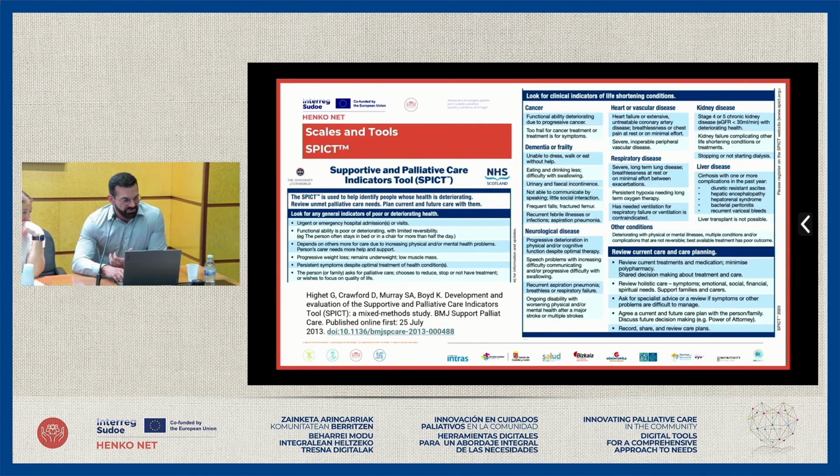The first example of these scales is the Supportive and Palliative Care Indicators Tool, SPICT. The benefit of this scale is that there are a lot of translations. The first one was from an English team, but it's also translated into French and Spanish, and the list is almost 10 or 11 languages.